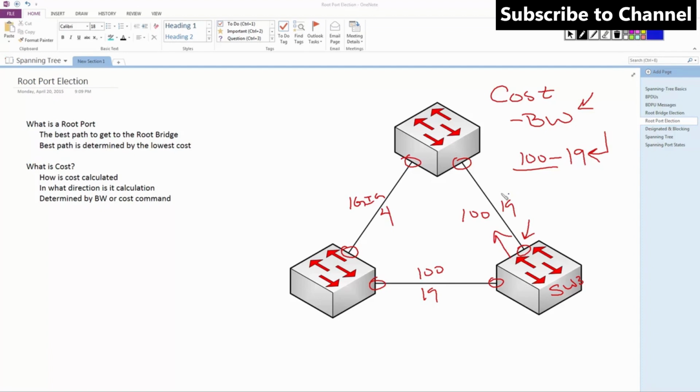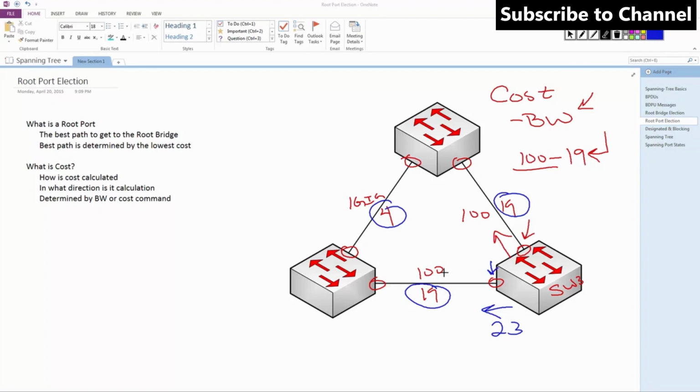Hence my value of 19. If I go in this direction though, I have a value of 19 plus a value of 4, making this 23. See how that works? I'm going to add my cost up as I'm going from link to link to get to the root bridge, as I'm transiting each switch. Now, where is that value calculated? It is calculated as I'm leaving that particular port.